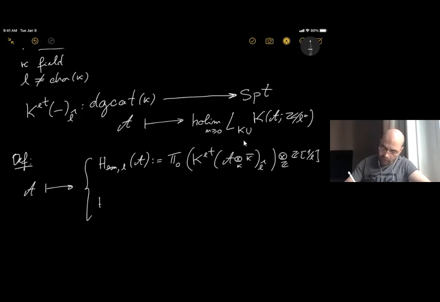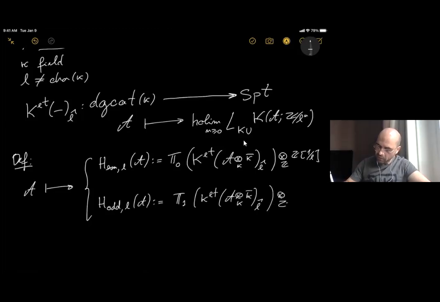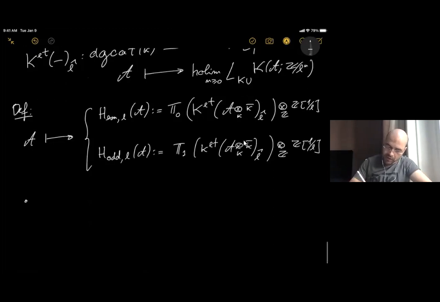Okay, and then you can do the same story in the odd case, where you take pi 1 of this spectrum, base change to the separable closure, and then invert L. And these objects that you get here are Q_L linear modules over the absolute Galois group.